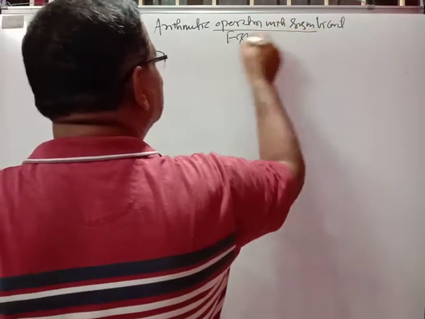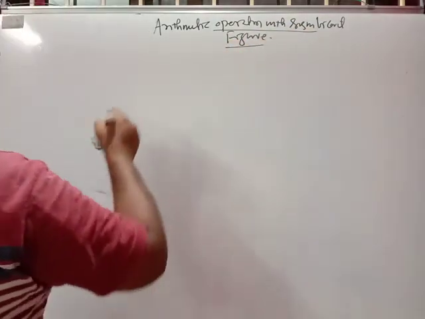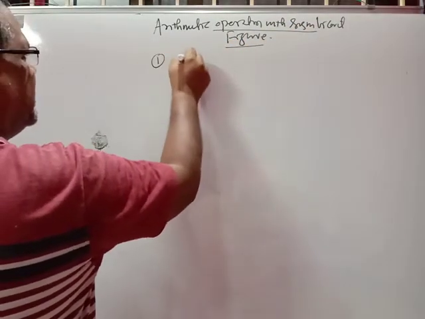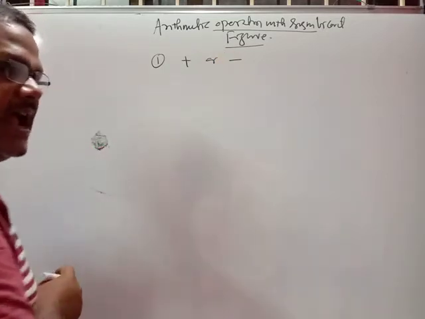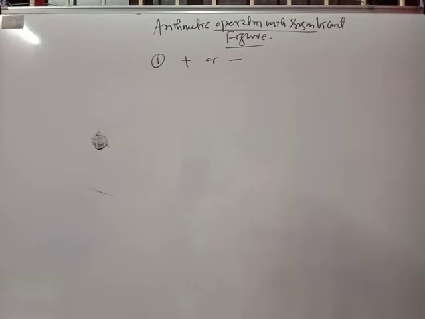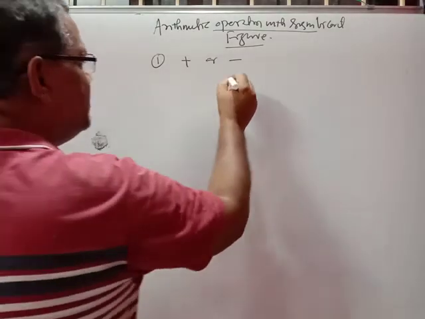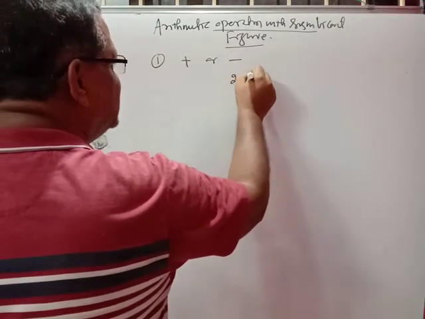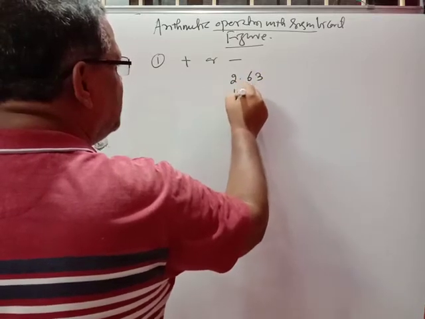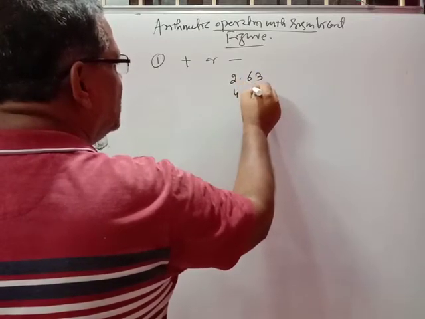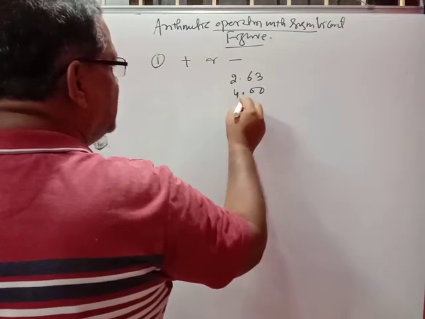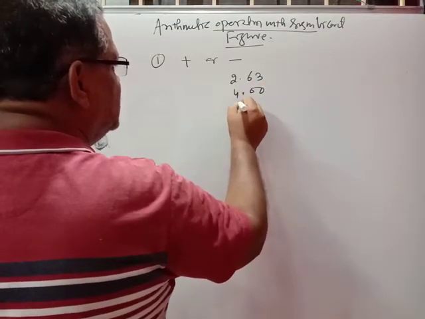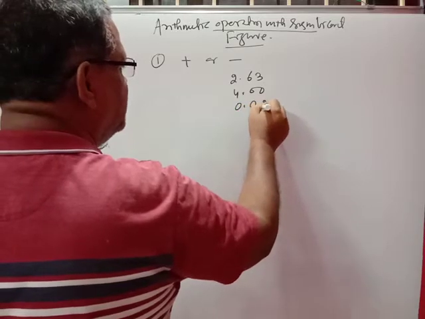Arithmetic operations with significant figures. First, the cases where we are finding plus or minus, that is, add or subtract. In this case, what do you have to do? Suppose, for example, I am doing 2.63 plus 4.00 plus 0.02.